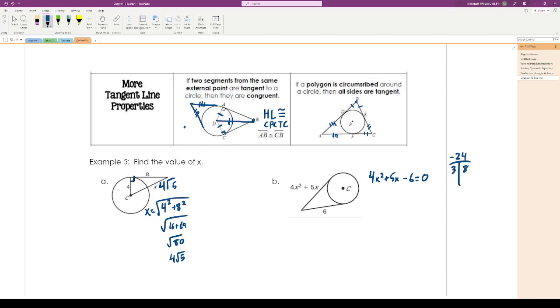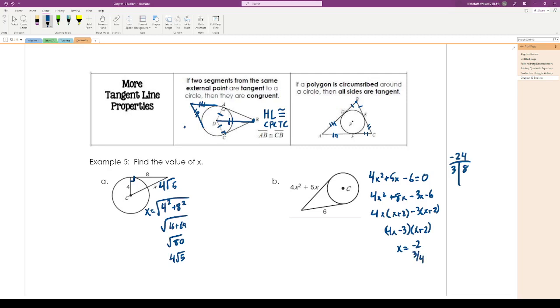That would be 3 and 8. So I have 4x squared plus 8x minus 3x minus 6. So that's 4x times x plus 2 minus 3 times x plus 2. So 4x minus 3 times x plus 2. That gives me solutions of negative 2 and positive 3/4.